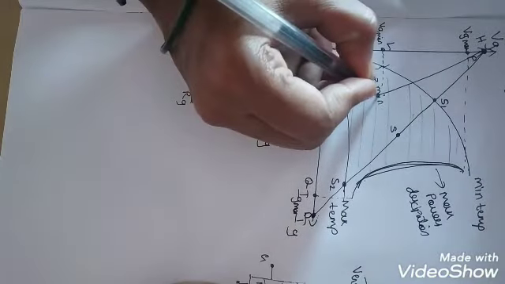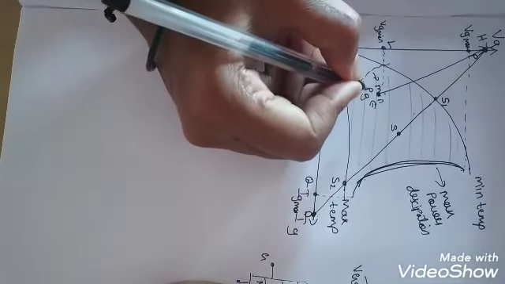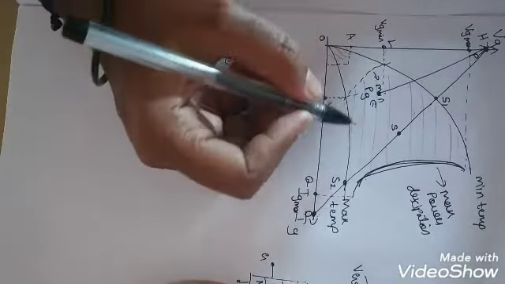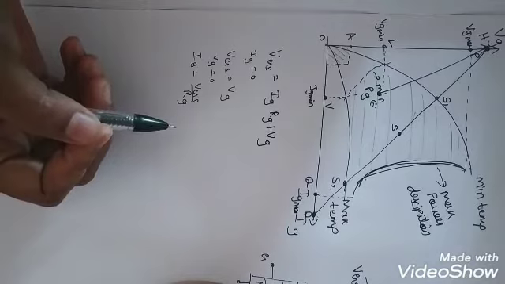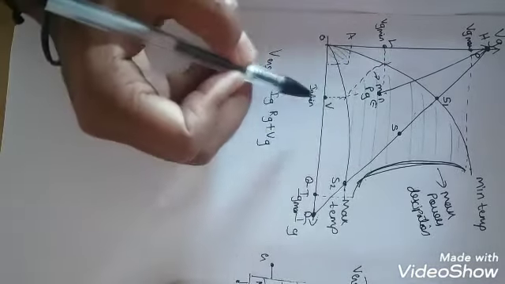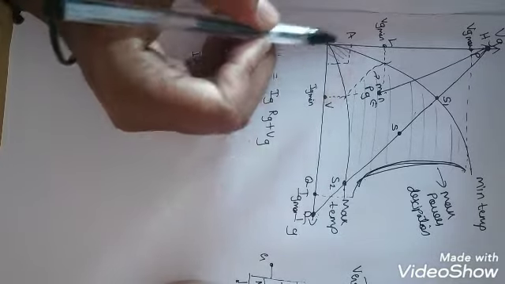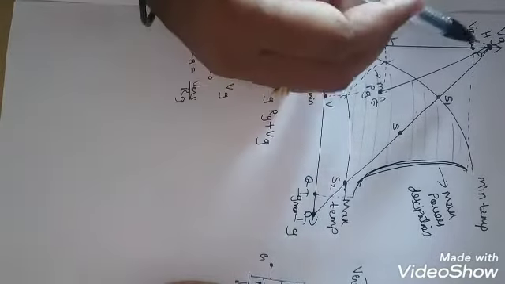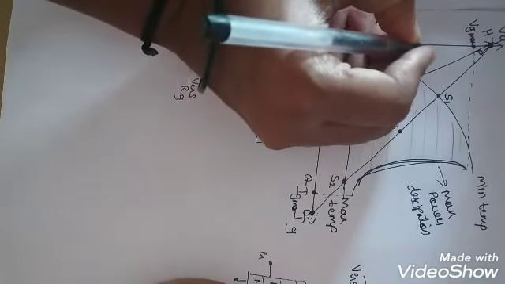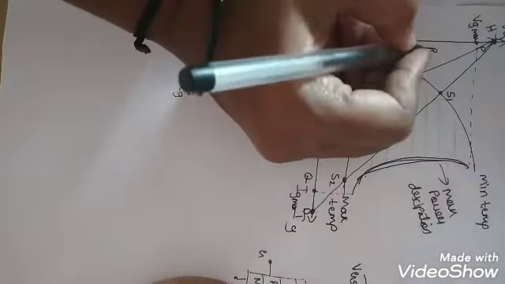I call this E, where E is the point of intersection of the lines indicating the minimum gate voltage and the gate current. The intersection where we get VG minimum as well as IG minimum, if I join this H and E, this will be the RG maximum value.